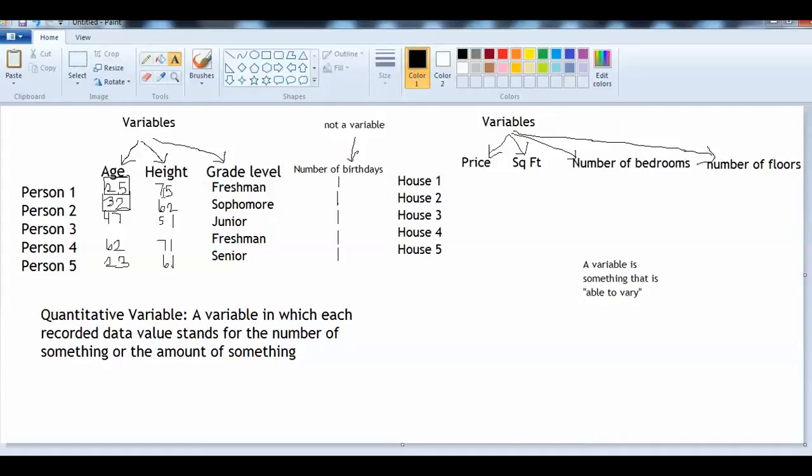So basically, whenever each data value stands for either the number of something, such as the number of children or the number of TVs a person owns, or the amount of something, like the amount of height or the amount of age, then those things would all be quantitative variables.